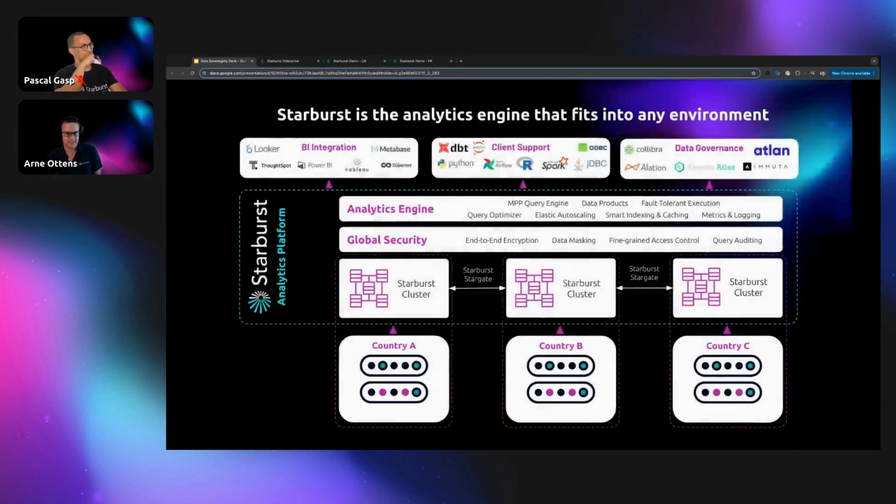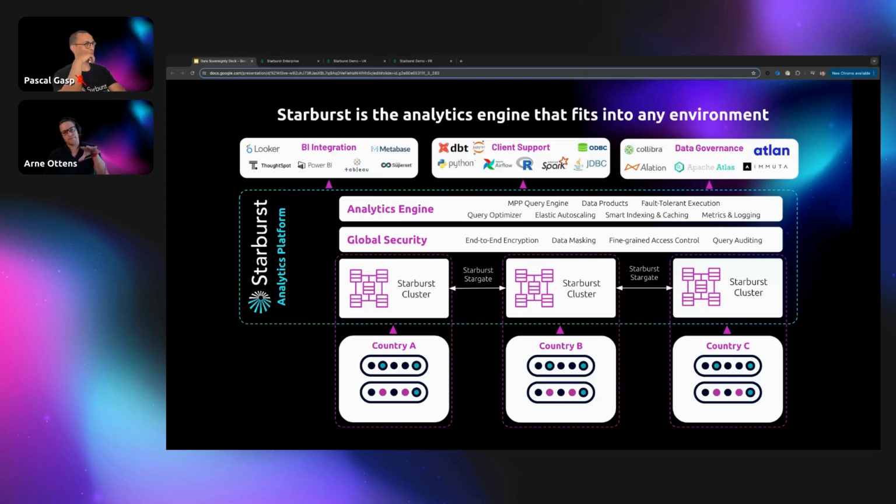So how are we going to do that? Well, as Pascal just said, we'll be using Starburst, and especially Starburst Stargate. The architecture diagram Pascal showed you gave you an idea about what Starburst is capable of. It can connect to all kinds of different data sources and give you a single point of access into your data. But Starburst itself can also be one of those data sources to Starburst, through this Stargate capability.